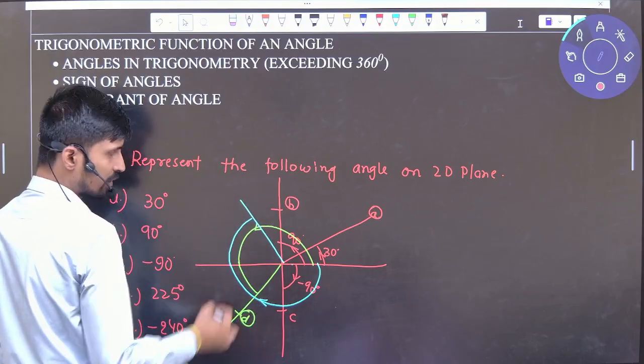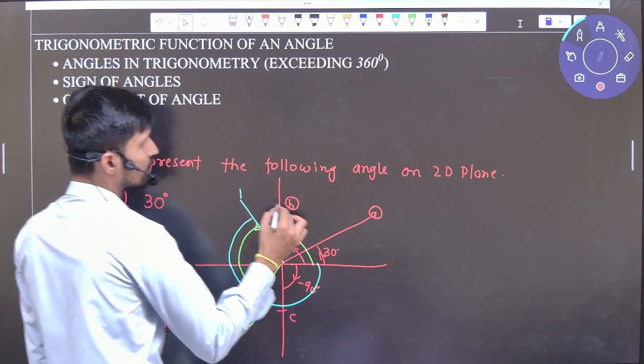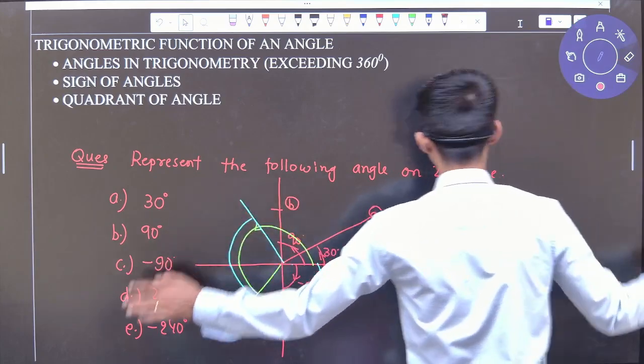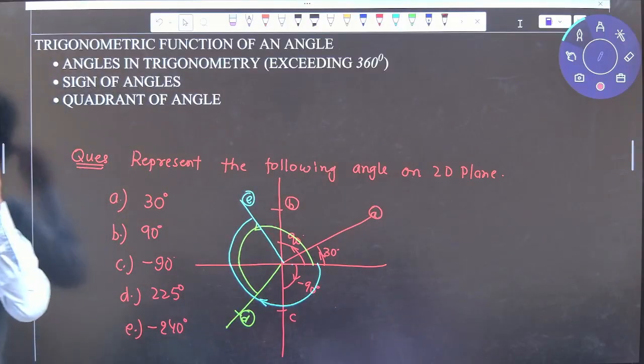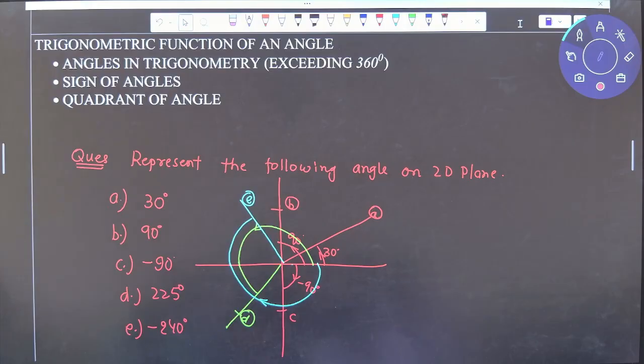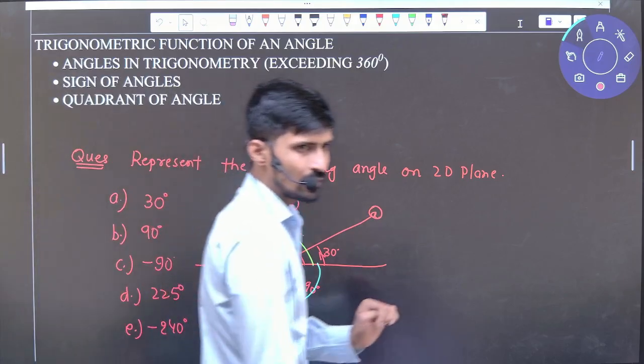That will be in this direction, and that will represent point E. So this question was from sign of angles.